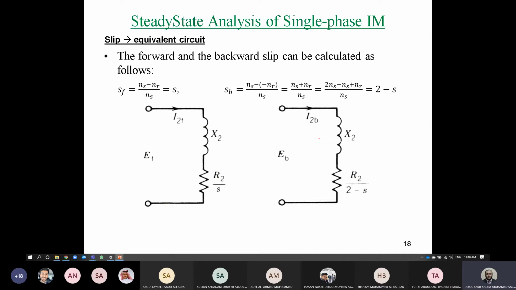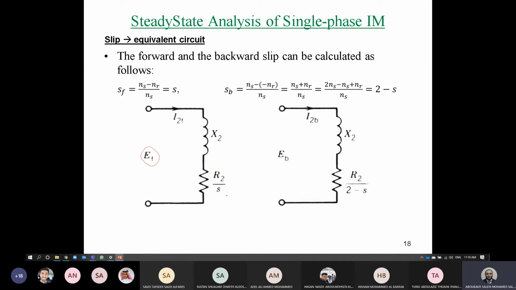For the rotor circuit, assume that firstly we have EF, which is the excitation voltage, or the reflected voltage on the rotor, the EMF on the rotor circuit, and it will be applied to the rotor circuit, which is already short circuit, Shabab, X2 and R2 over S. So this is now the effect of the normal circuit.